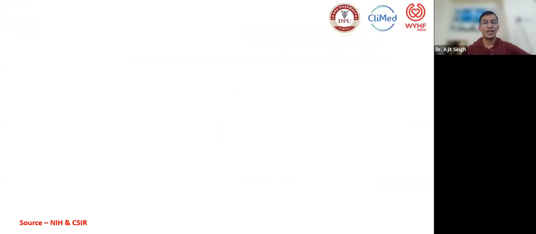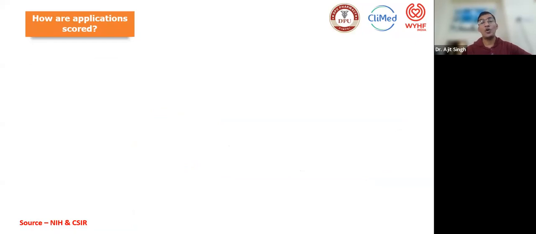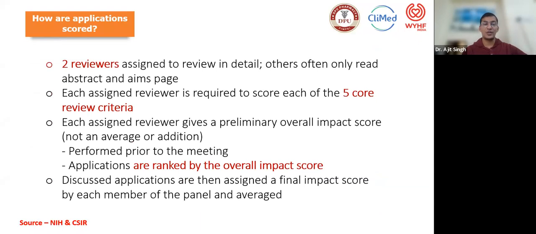Okay, and then the next thing is how the applications are scored. This is the process, usually from NIH and CSIR. There are 2 reviewers who are assigned to review your proposal in detail. Others often only read the abstract or aims page.